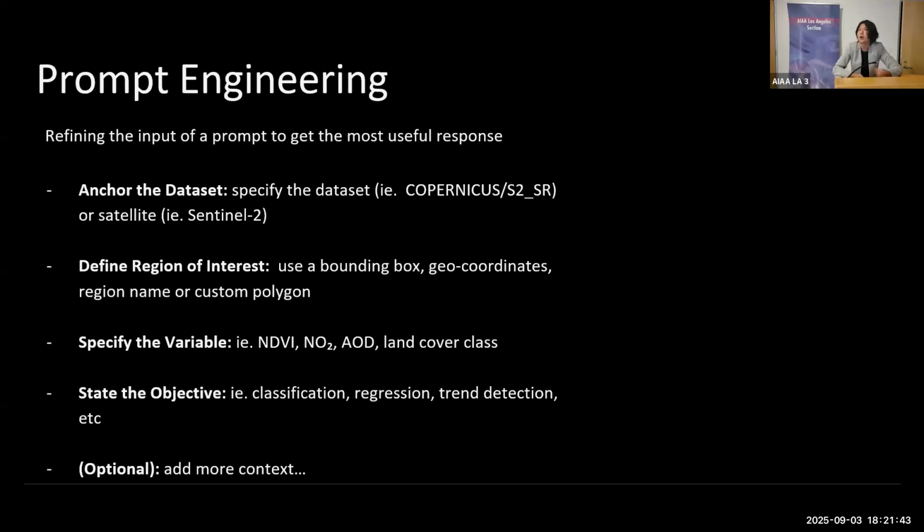Do you want it to classify cropland, regression, trend detection? Do you want it to analyze for patterns over time? So you're being very specific to the model and prompting it to give you what addresses your research question. And optionally, you can add a little bit more context in order to get out more nuances in the data you are seeking.